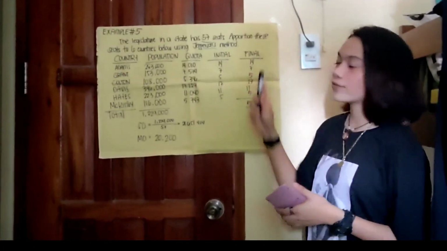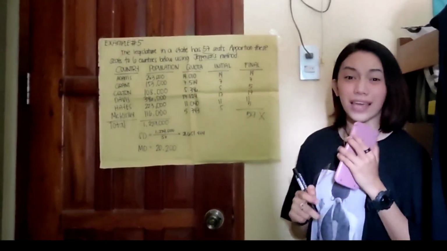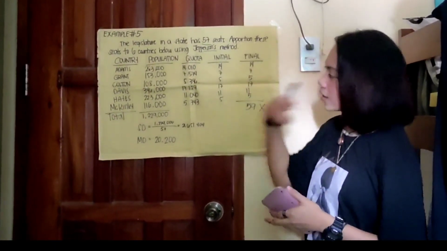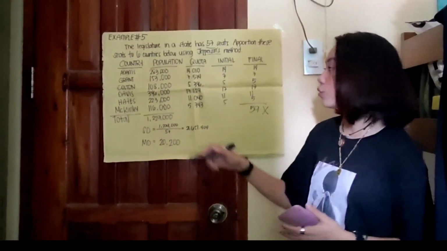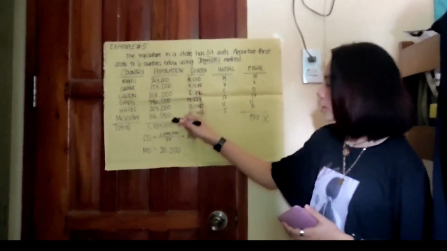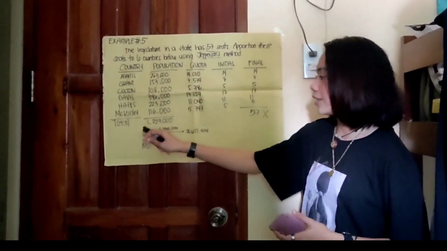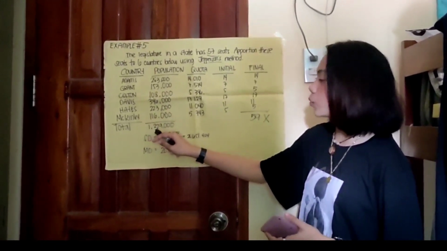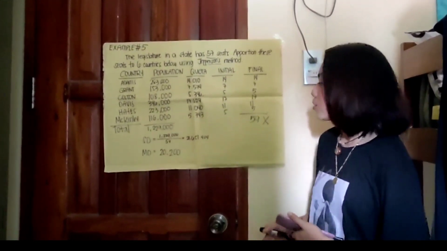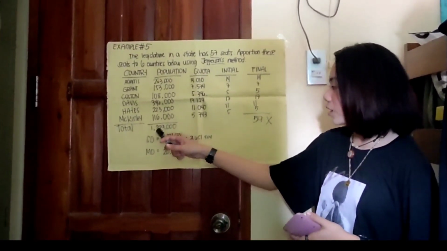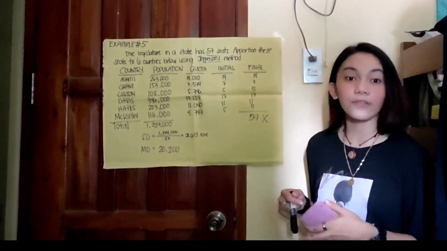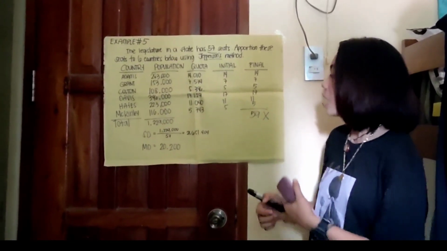Initial and final are sort of the same. To get our standard divisor, you total all the population in the 6 countries. You get 1,229,000. Then you divide that by 57, the 57 seats in our problem.